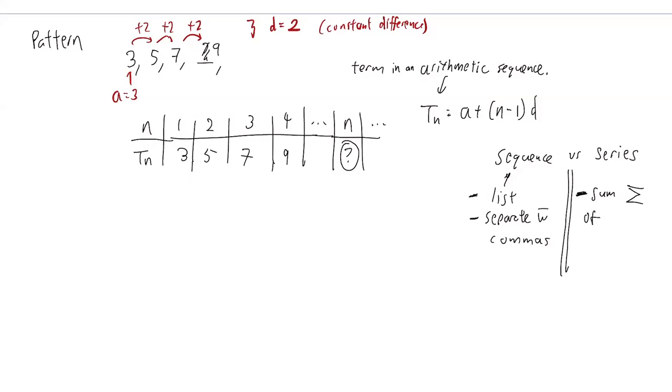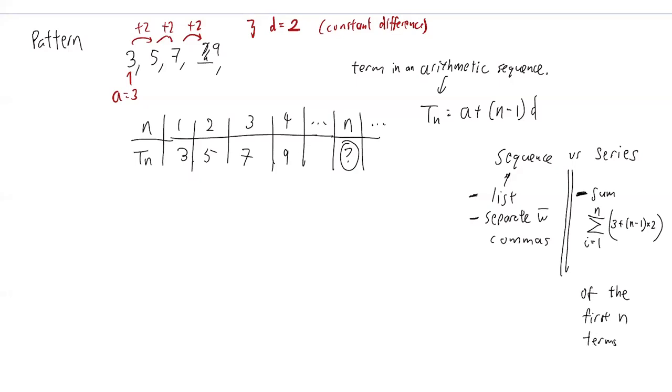If I put down, let's say, i equals 1 to n, and to be more specific, 3 plus n minus 1 times 2, it means the sum of the first n terms.